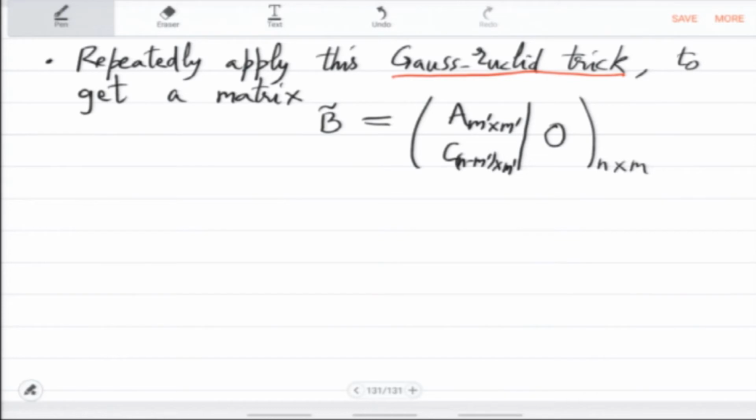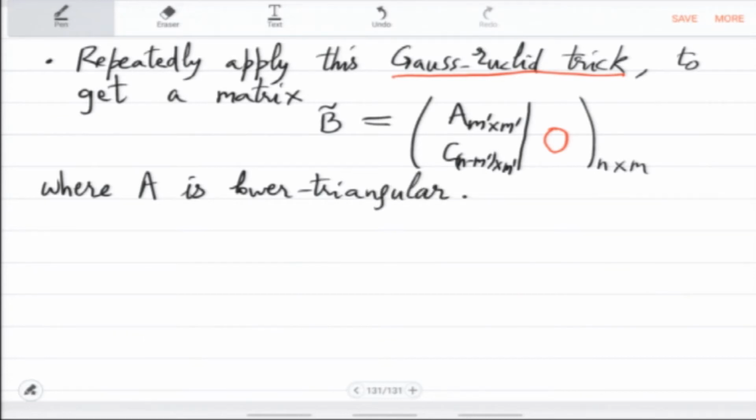Okay, so we have 0 in the end, and the matrix A is a square matrix which is actually lower triangular. And most importantly, the lattice remains unchanged.